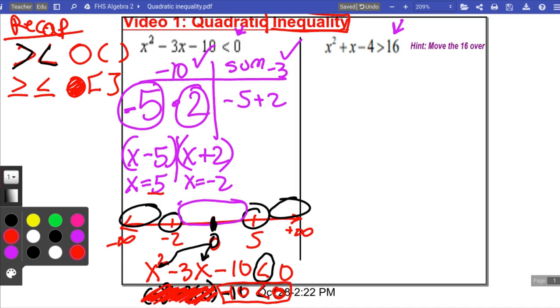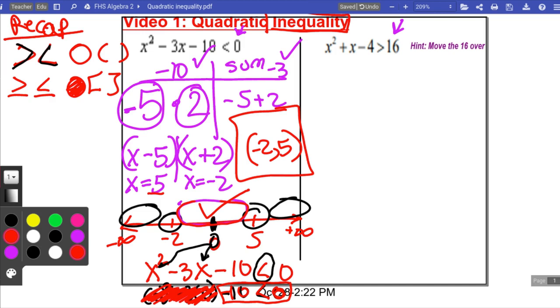Your answer should be yes. -10 is less than 0. So you come over here and say check. You check the 0, the middle part; it worked. So your answer is in the middle, done deal. Because the middle worked, you don't have to check anything else. The answer is from -2 to 5. That's how you do number 1.